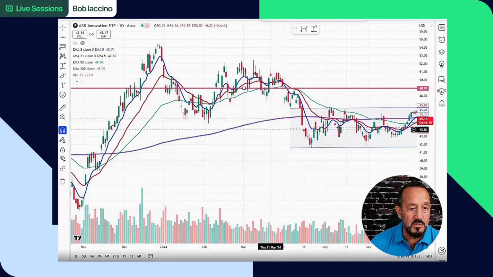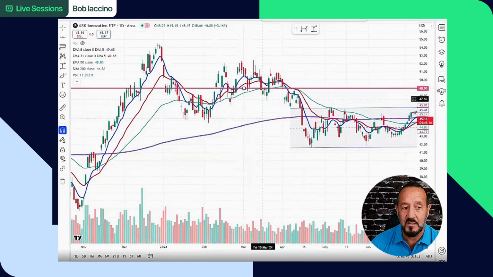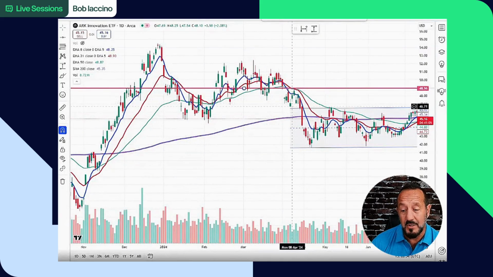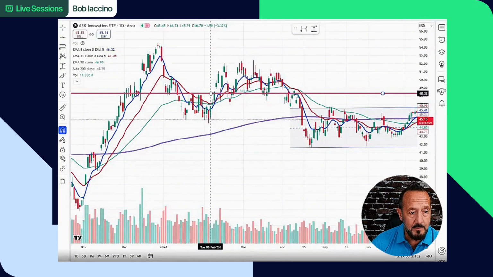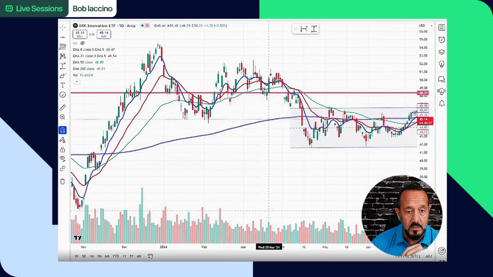Now notice where else that comes in: right around the support area of this particular congestion here. Some people might say, what about this low? Fair enough, it might go up and hold up at that low. But if I were to put a line where I thought the key resistance was, it'd be right around 48.39.